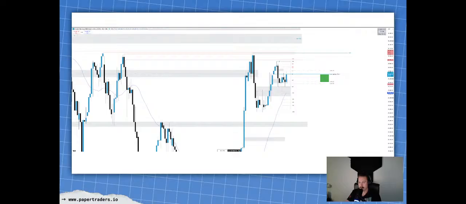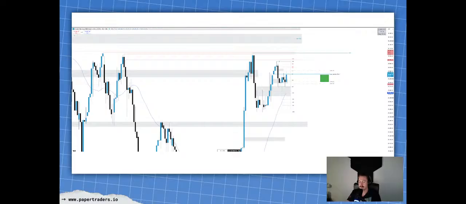What we got going on here on the 4 hour. Price is currently consolidating between the weekly open and the previous daily low. The weekly open is also in line with the previous day's 50%.